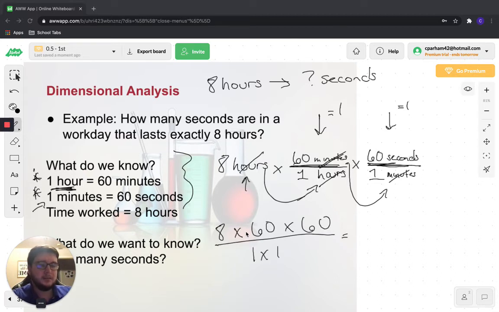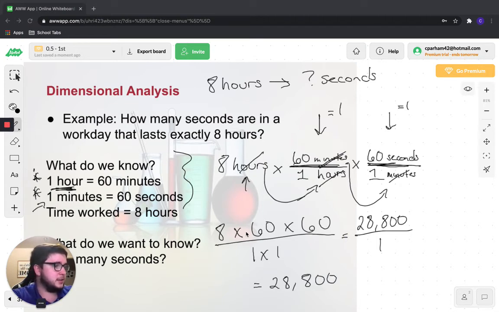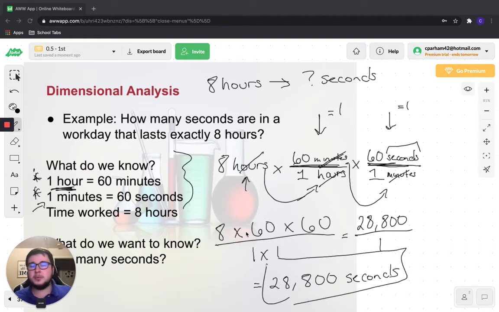And when I do that, 8 times 60 times 60 is I think 28,800 divided by 1. Okay? So now my final answer is 28,800. And then my units, don't forget those, my units are seconds, because I've canceled everything else out. Alright, so that's how I would set up my first dimensional analysis problem.